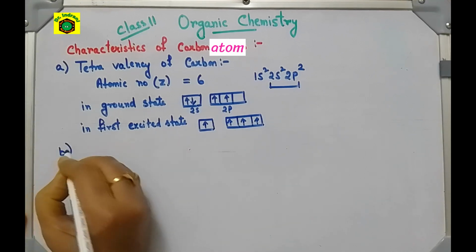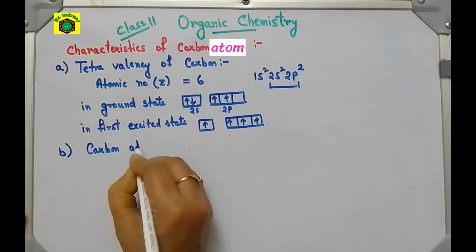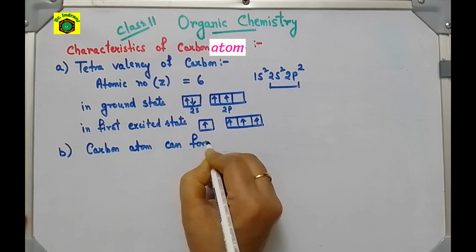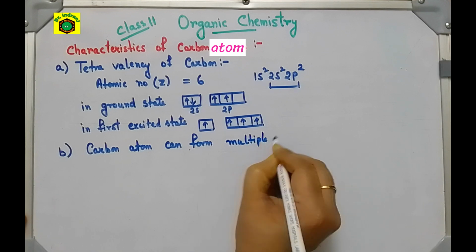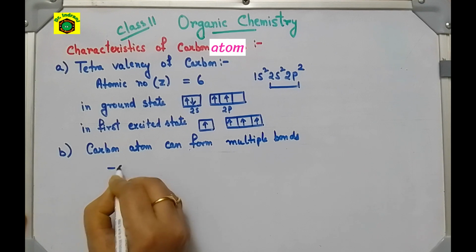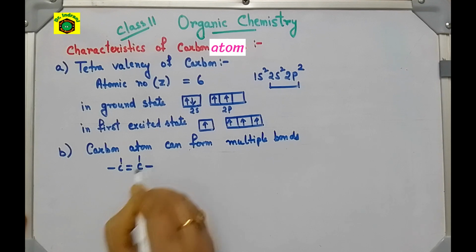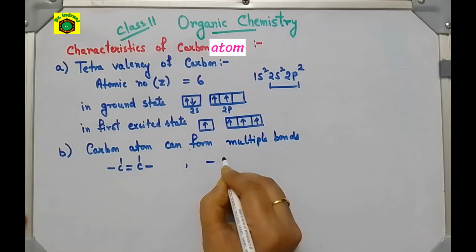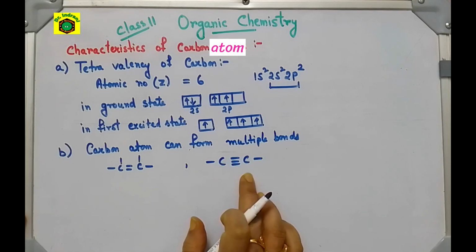Next point, carbon atom can form multiple bonds. Like this is double bond, or this is triple bond.